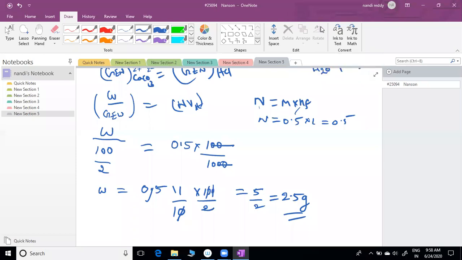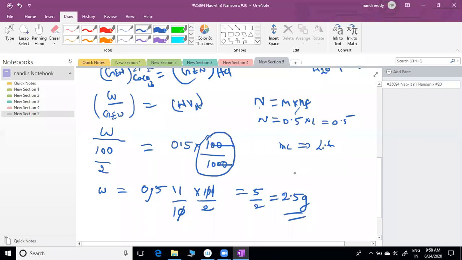This is ml. I have to convert ml into liters. That's why by 1000. Already we have given that one, the milli. If you are getting N into V in liters, that is fine. If N into V in ml, what did we give?